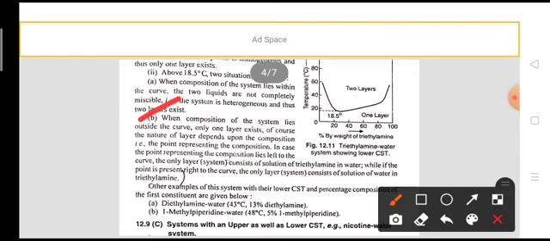On the left side, the layer consists of a solution of triethylamine in water; on the right side, a solution of water in triethylamine.